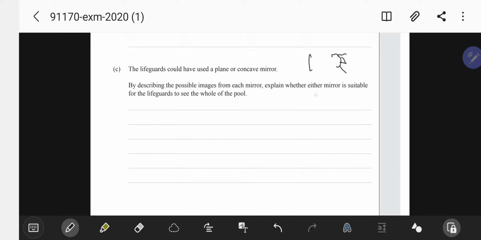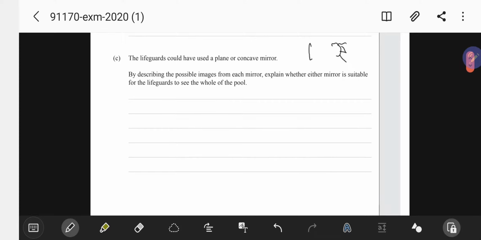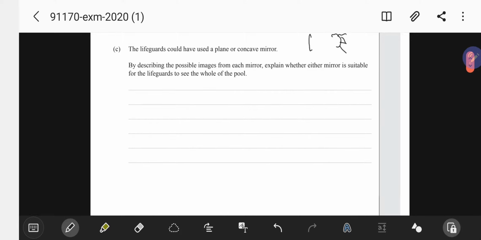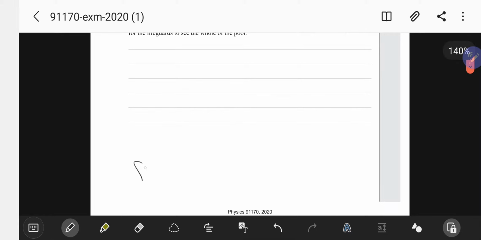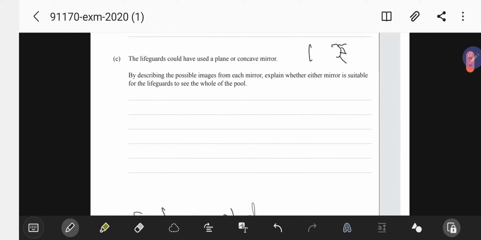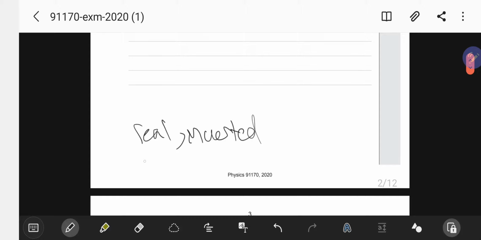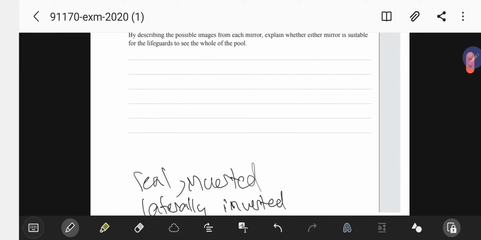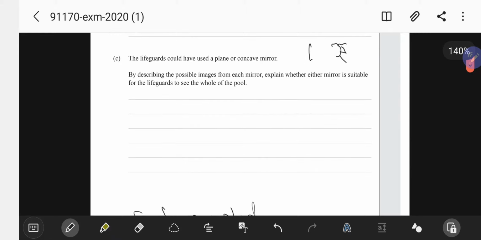By describing the possible images from each mirror, explain whether either mirror is suitable for the lifeguards to see the whole of the pool. So a concave mirror is going to give us an image that is real and inverted. So we probably won't want to use that in a pool, because a plane mirror will just give us a laterally inverted image. What else can we say?